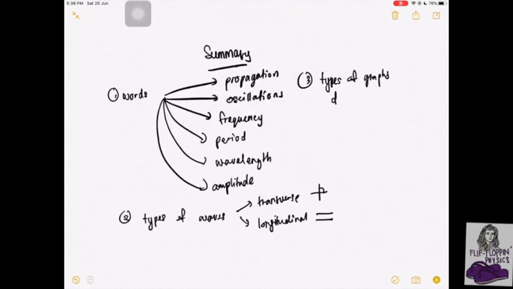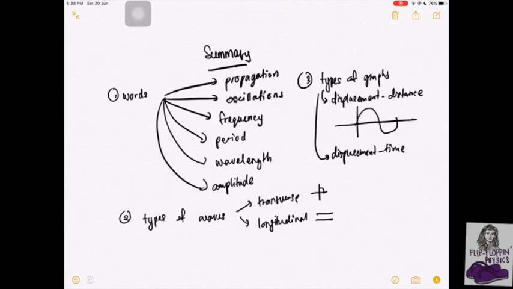You've got displacement-distance and displacement-time. And here will be wavelength. Then here would be period, and both here will be amplitude.